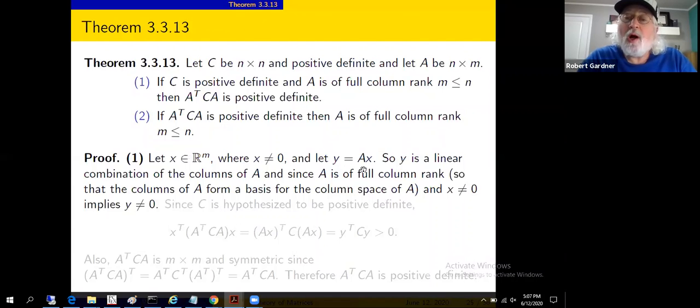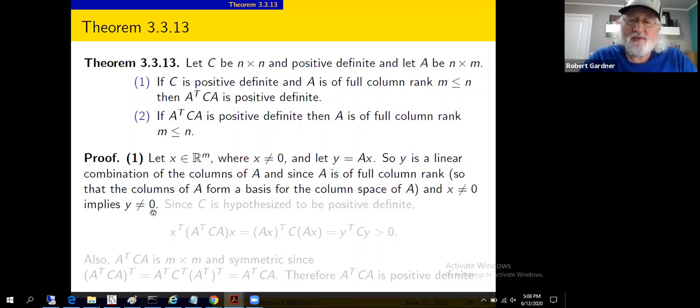So what we're saying is y is some linear combination of the columns of matrix A. Since A is a full column rank, that means the columns are linearly independent, which implies that if x isn't 0, if you're not taking a vector of all zeros, and we're not, then we've got a linear combination of the columns where not all the coefficients are 0. Okay, a linearly independent set is not going to give you the 0 vector out. In other words, the y vector is non-zero.